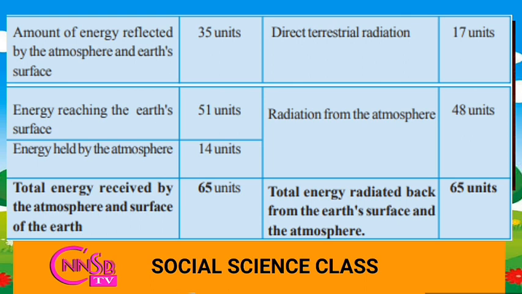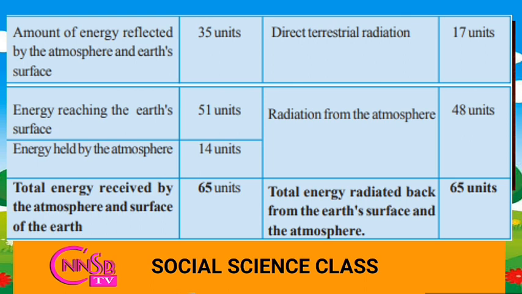Energy reaching the earth surface is 51 units. Energy held by the atmosphere is 14 units. And 51 and 14 make 65 units that are received by the atmosphere and the surface of earth.